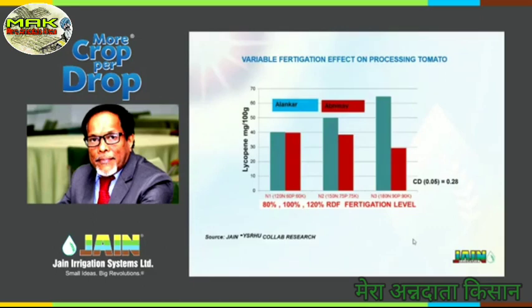For the variety Alankar, the content is increasing, and 120% gives you better. But if you increase beyond 120% fertilizer, the quality goes down a bit, lycopene reduces. So this is the sort of information we are generating. All this will help in your ultimate planning of the fertilizer schedule. That's the point I'm making.